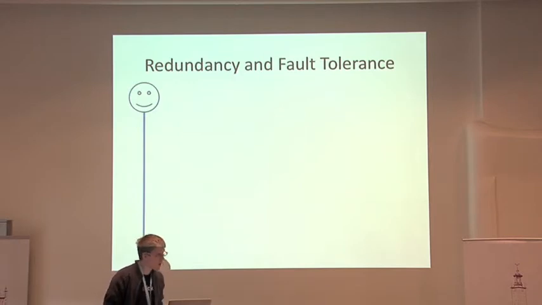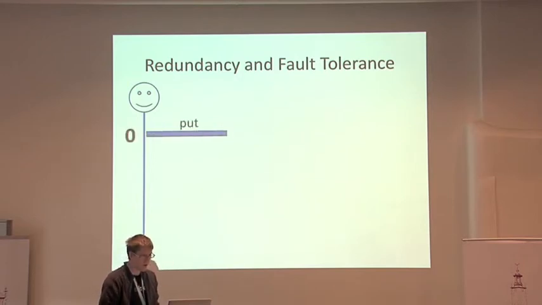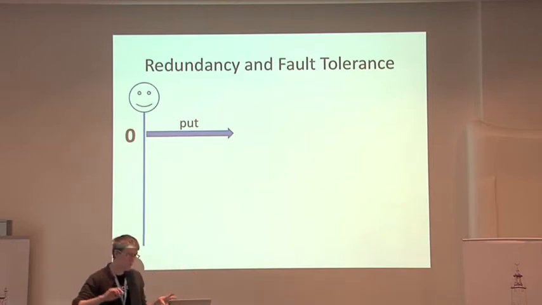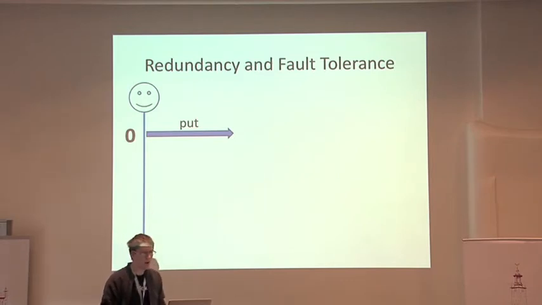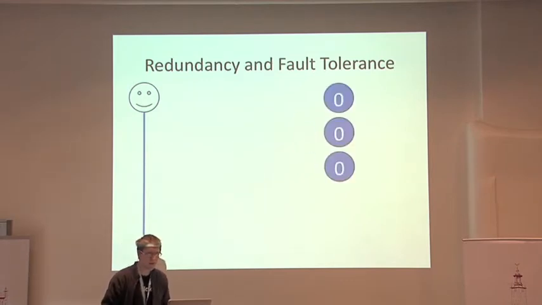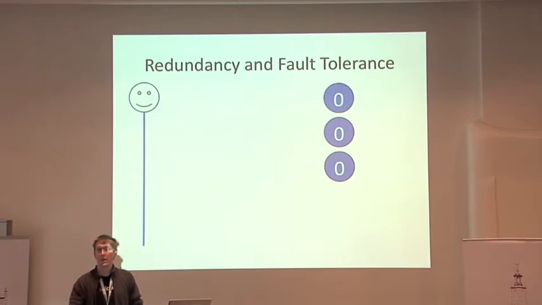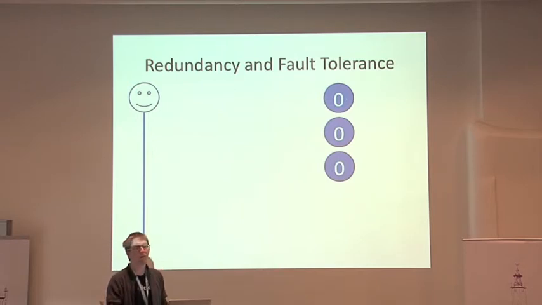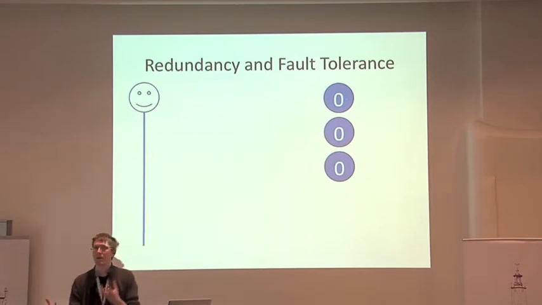So how does that work? The way it works is that you store, by default I think, each key-value pair on 3 different nodes. When a client does a put, that is written to 3 separate locations, so that if one of them goes down, you still have the value around.